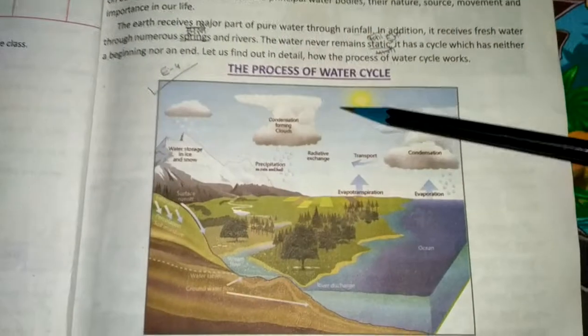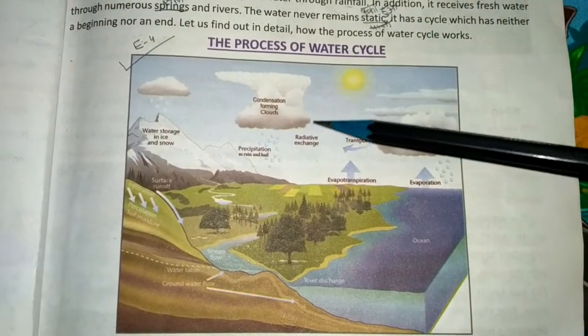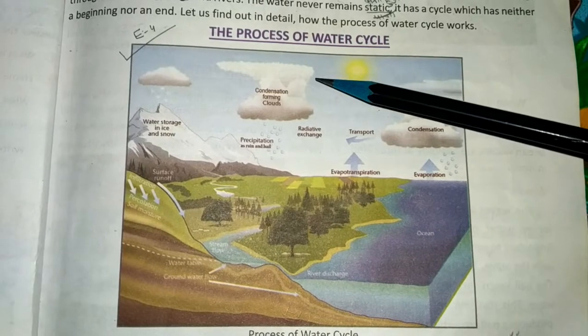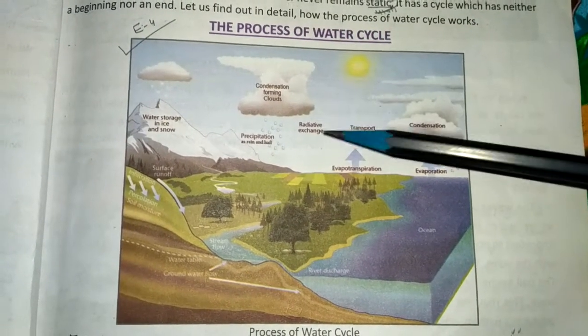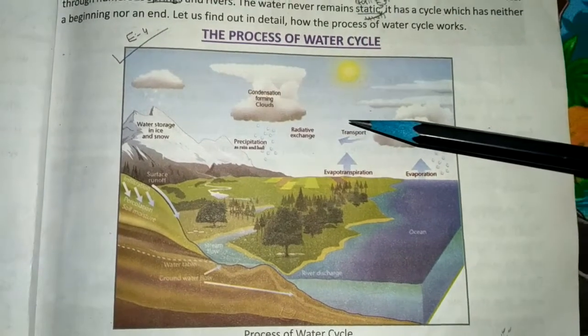Here is a diagram. You also have to draw a diagram when you start the chapter. If a question is there, then it's okay. Otherwise, you have to draw the diagram of the process of water cycle.